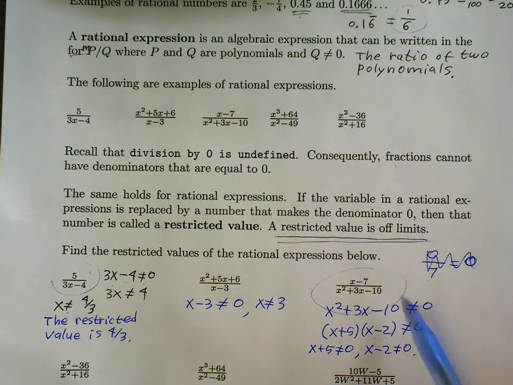So for this rational expression, x is not permitted to be -5, and x is not permitted to be 2.